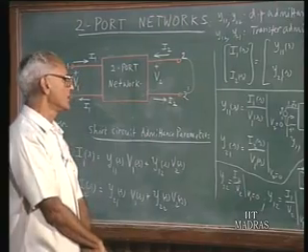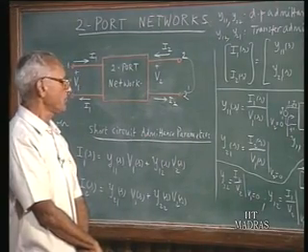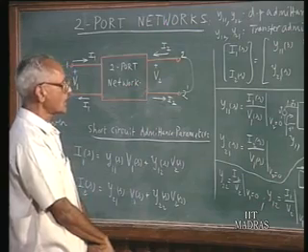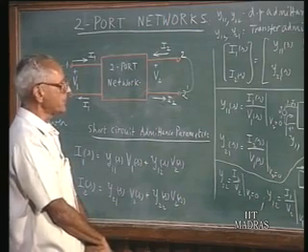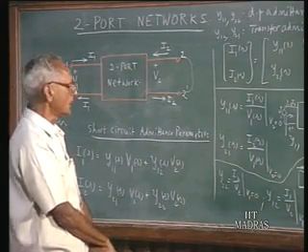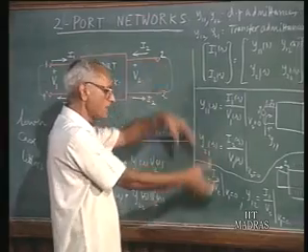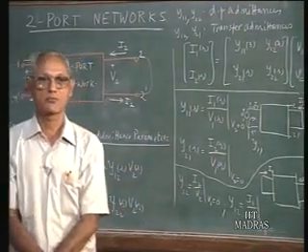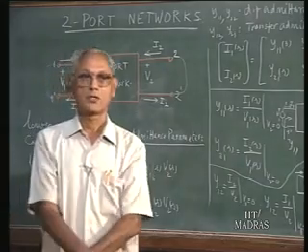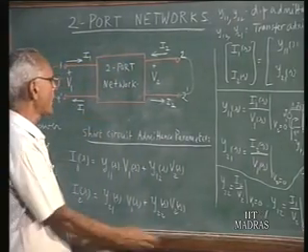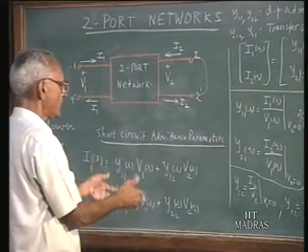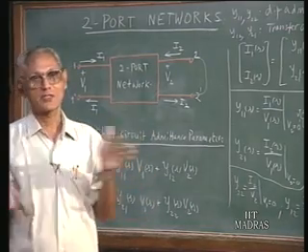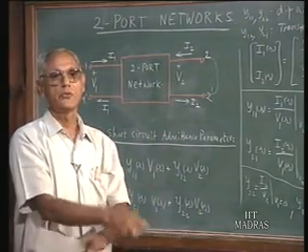And with minor exceptions here and there, which may come out as a result of the cancellation of common factors between numerator and denominator, all these functions will have the same denominator polynomial, because they represent the natural frequencies of the network under short circuit conditions. Therefore, when you calculate y11, y12, y21, y22, you will find that the denominator polynomial of all these functions is one and the same. It is only the numerator which may vary.